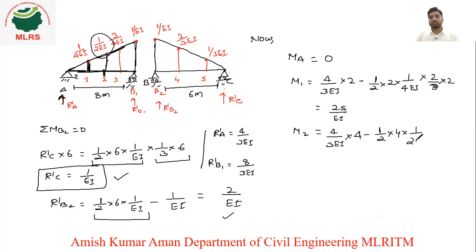So 1 upon 2 EI into, again, that is, okay, this done, minus half into base into height into CG we need to do, that is again 4 by 3. So if you calculate it you will get 4 upon EI.